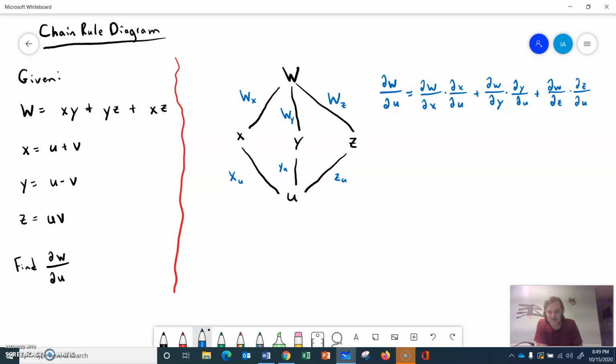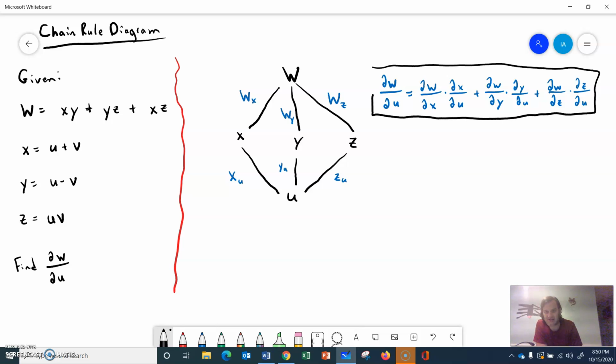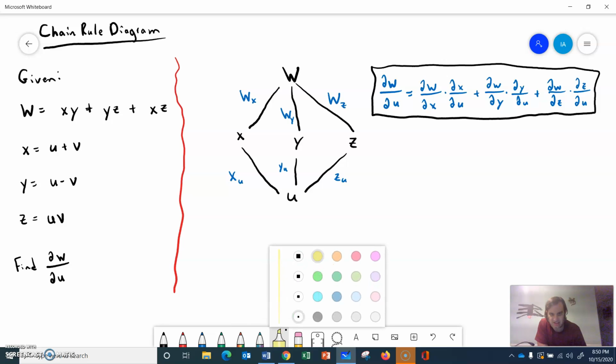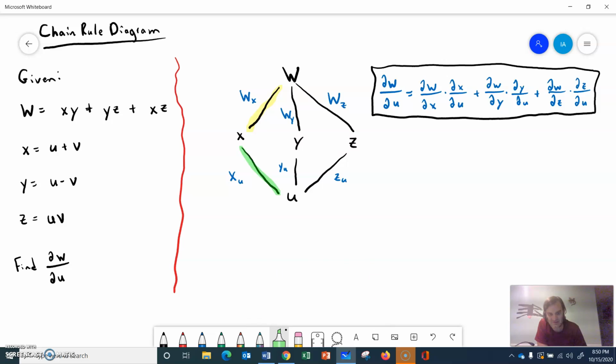But over here, I have, once again, the same layout we used for the partial of w with respect to t, except now it's with respect to u, using that chain rule. We have the variation here where we take the partial of w with respect to x, and then we multiply that by the partial of x with respect to u.